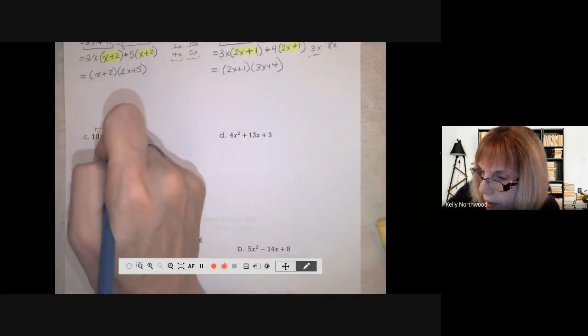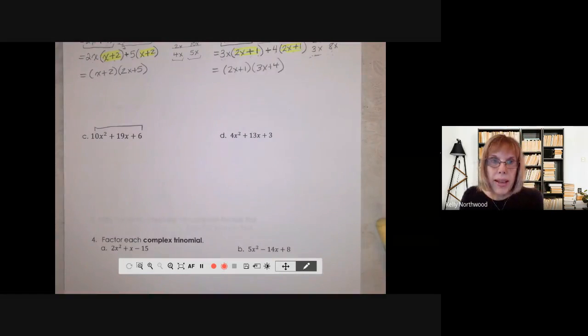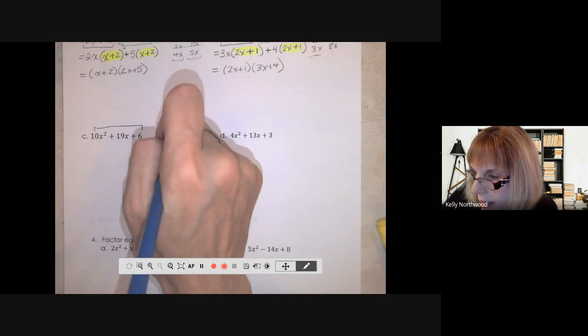Complex trinomial. Multiply the first by the last. And you get 60x squared.